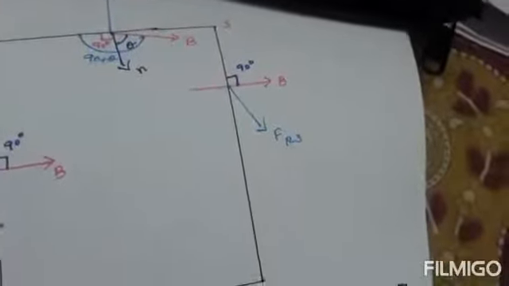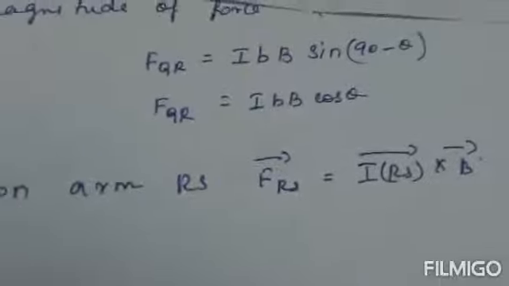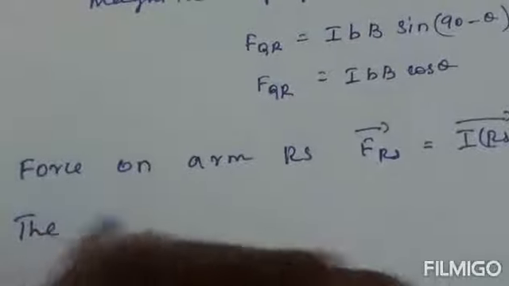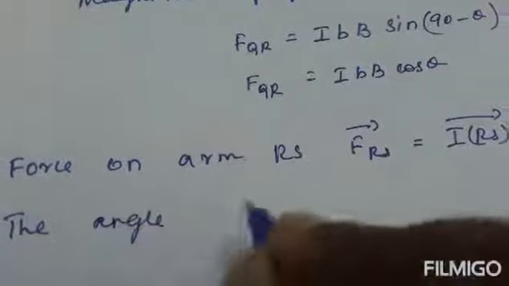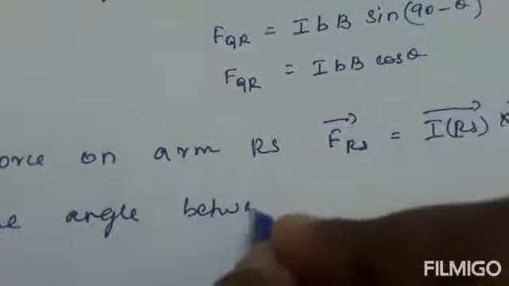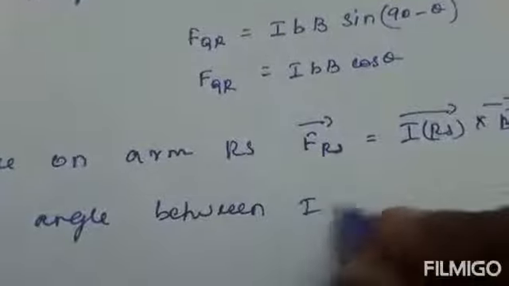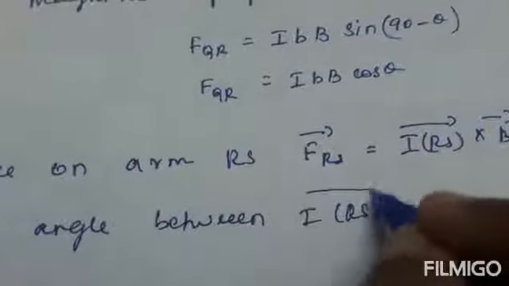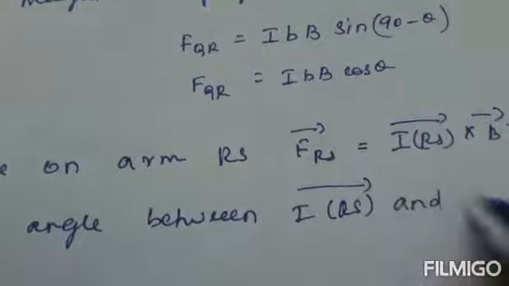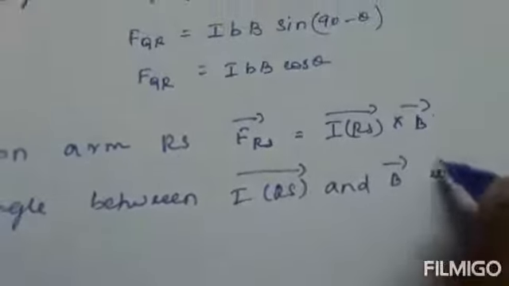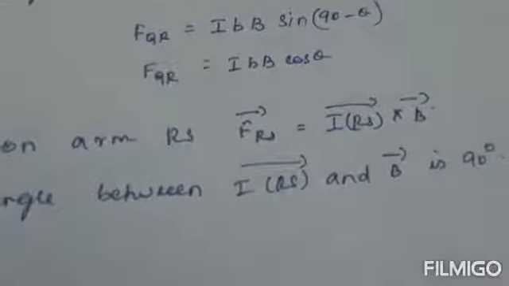Here, what is the angle between RS and the B vector? That is 90 degrees.